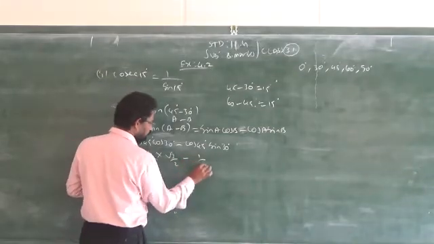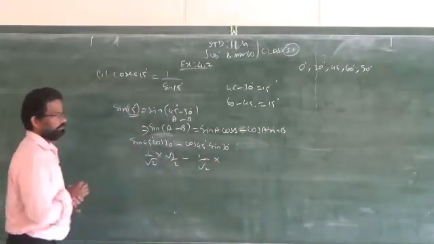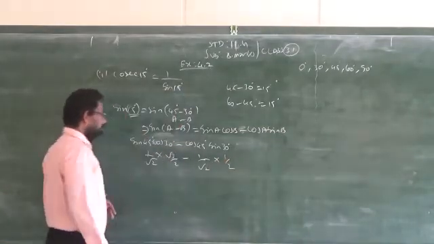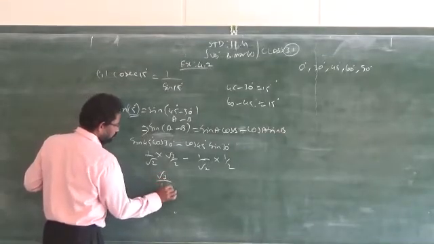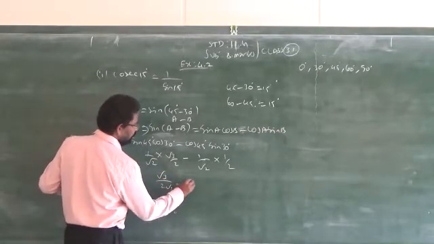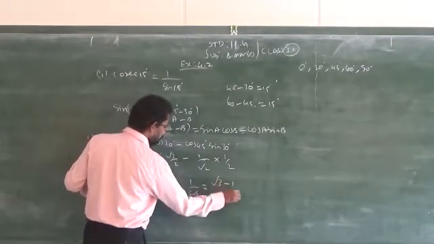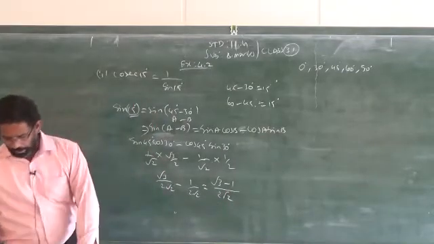Cos 45 is 1 by root 2. Sine 30 is how much? 1 by 2. So, just multiply: root 3 by 2 root 2 minus 1 by 2 root 2. Denominators are the same, therefore, root 3 minus 1 by 2 root 2.